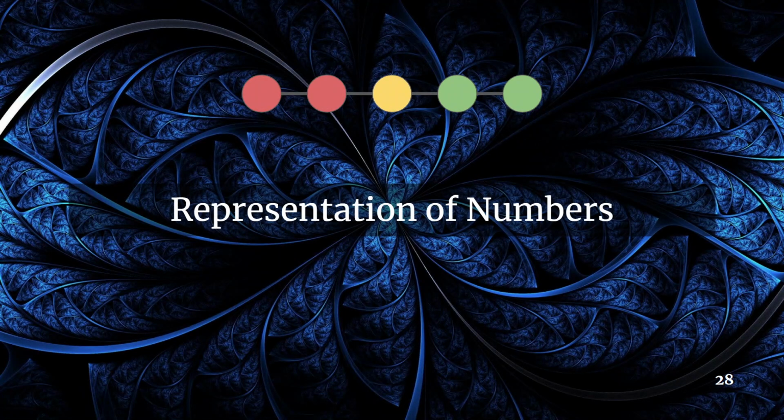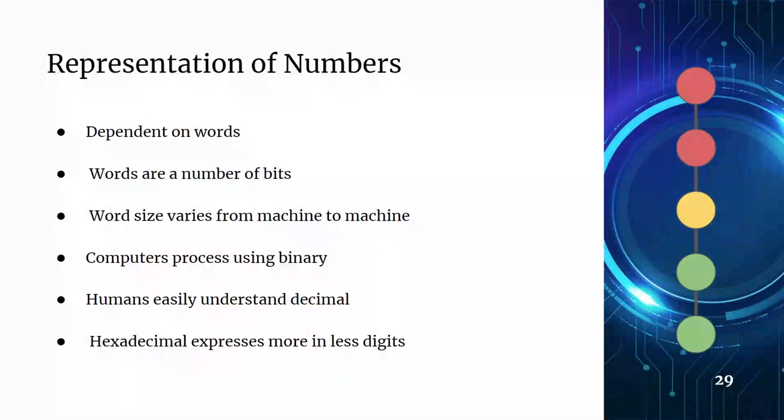Now, representation of numbers, I will just touch it a little bit. We will not complete it in this class. When representing a number, it is very important to get the concept of words. We know bits and bytes, but in computer architecture or design or manufacture, they define something called a word length. They define how many bits they will use to provide data for a single character or such stuff.